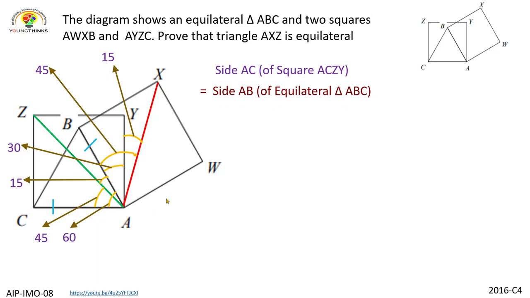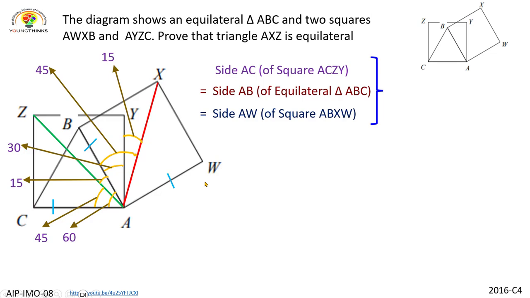And so side AC is equal to side AB. Side AB and side AC are equal, and it's also equal to side AW, because in a square all the four sides are equal. So this side is equal to that side is equal to that side.